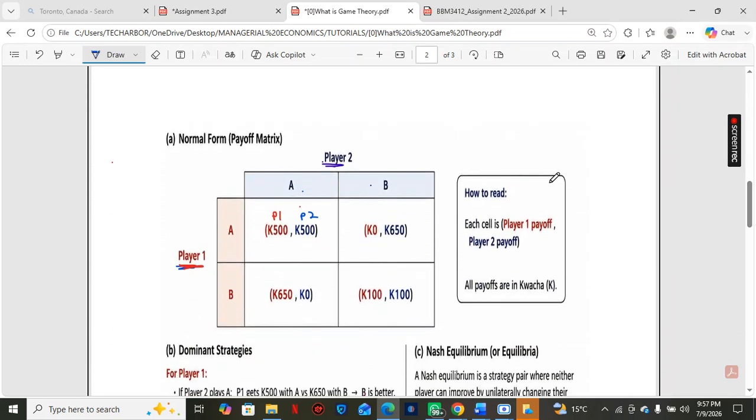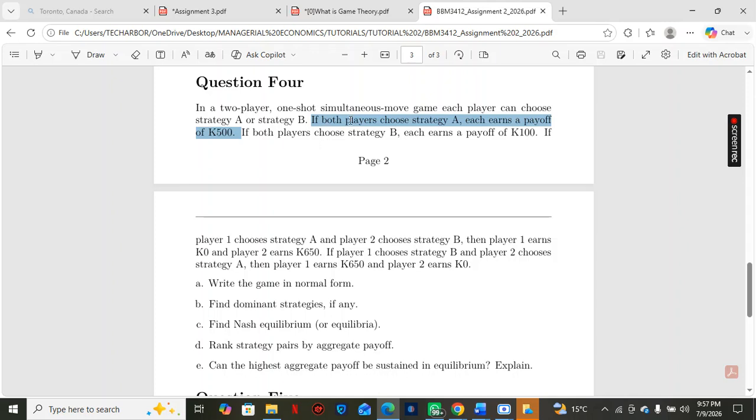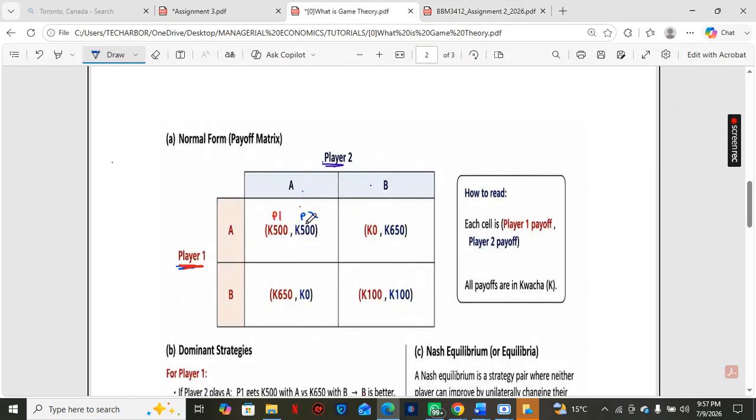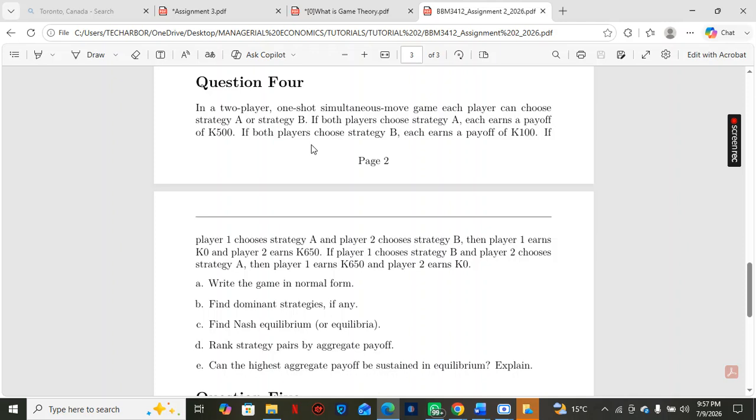So we're back to the payoff matrix. We've said if both players choose strategy A, each earns a payoff of 500 kwacha. Okay, 500, 500. If both players choose strategy B, each earns a payoff of 100 kwacha.